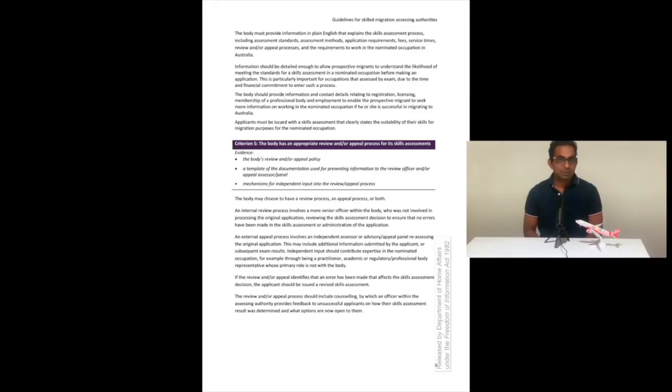They have to tell the prospective migrants whether there is a review, or an appeal, or both review and appeal, and how much the fees are that you have to pay for a skills assessment review if there is a negative outcome, and whether the same person is reviewing the case or a different person, and if a different person, whether within the body or outside the body who is doing the review or appeal process, and whether there is a refund of the money you pay to the skills assessment body.